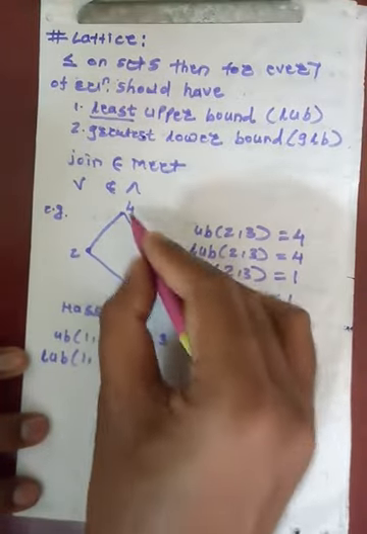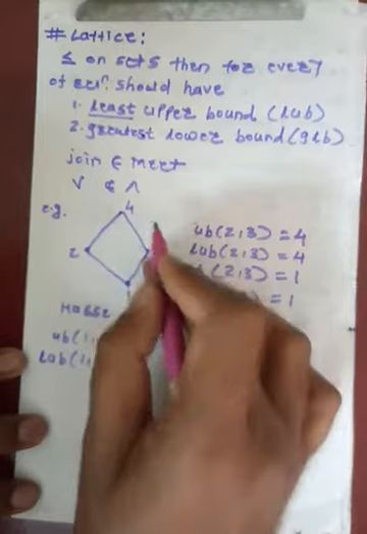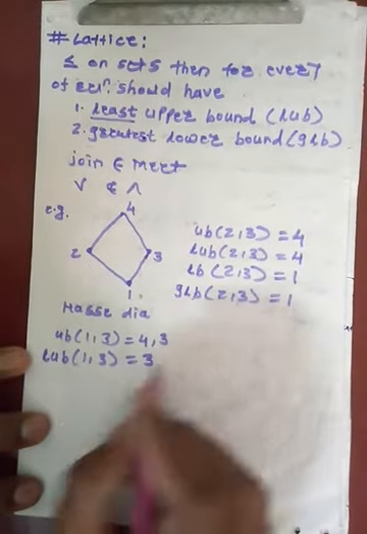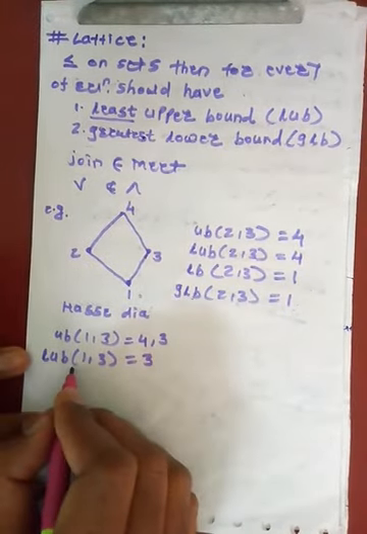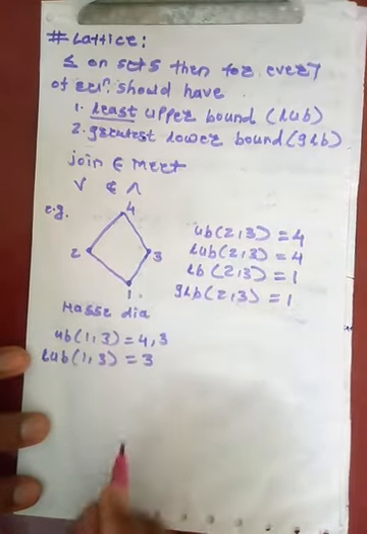Now from that, the least upper bound of 1, 3 is, least means at the lower level, from 4 and 3, 3 is at the lower level, so 3 is the least upper bound of 1, 3.